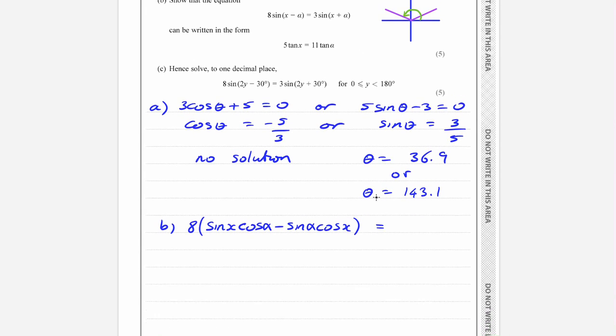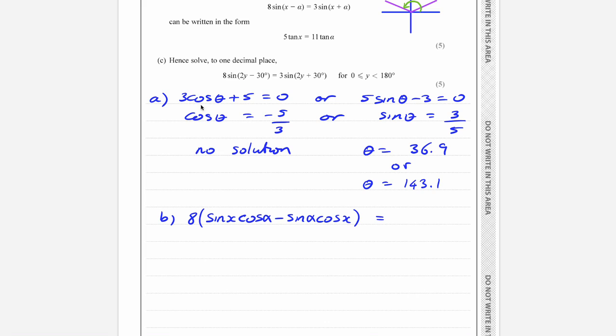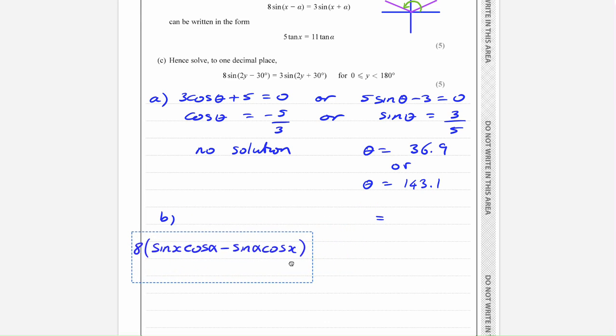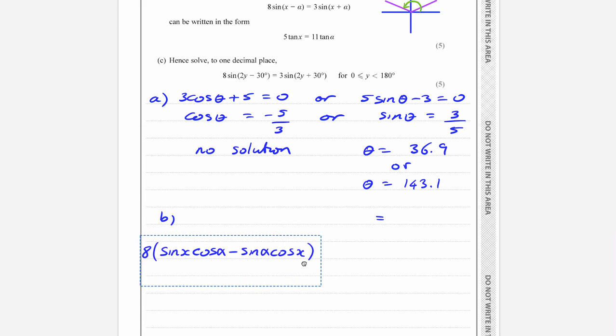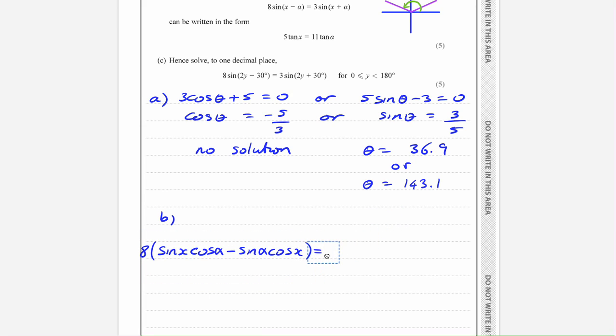Now I realize I'm low on space. This is then 3 times (sine x cos alpha plus sine alpha cos x). Now he wants tan x and tan alpha.